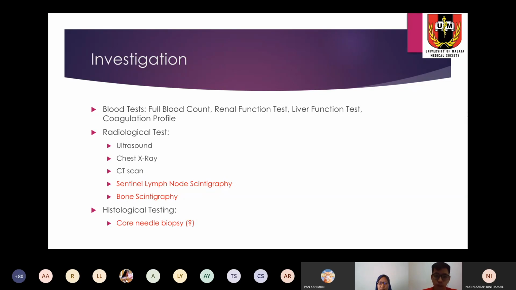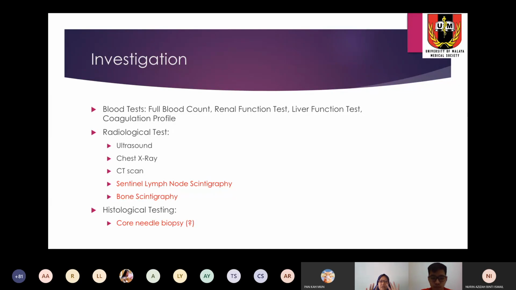So the last question about this case: what is the justification for using FNAC, and what is the justification for using a core needle biopsy? To diagnose breast cancer, you can use FNAC, fine needle aspiration, or you can use a core needle biopsy.